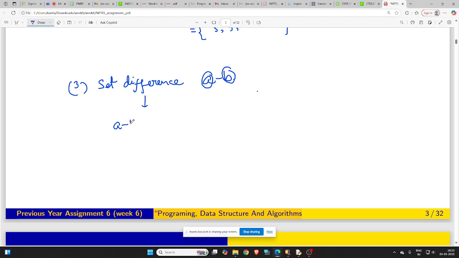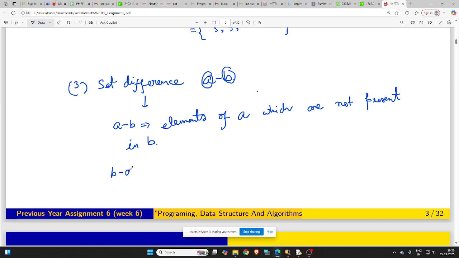A minus B means elements of A which are not present in B. And obviously by seeing the set difference, you can see B minus A is not equal to A minus B.